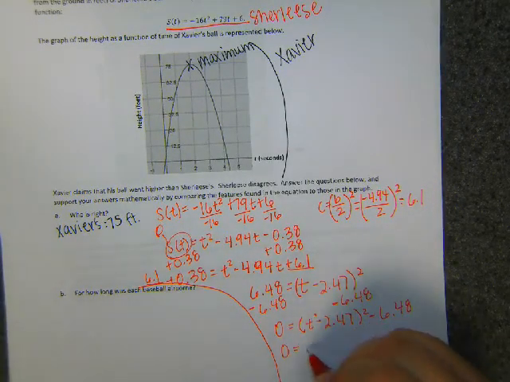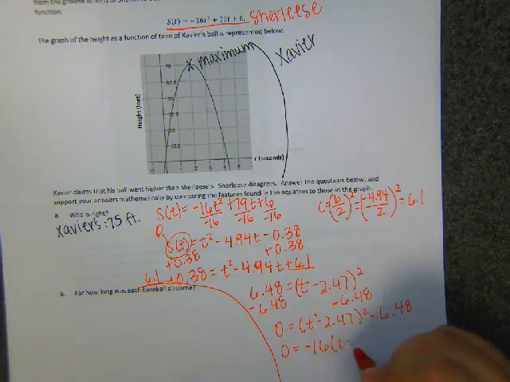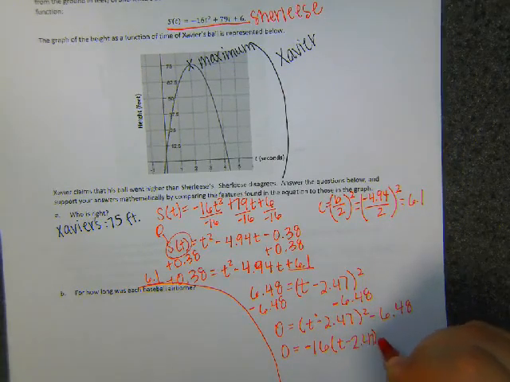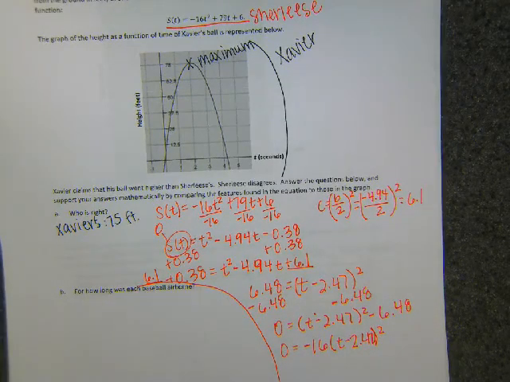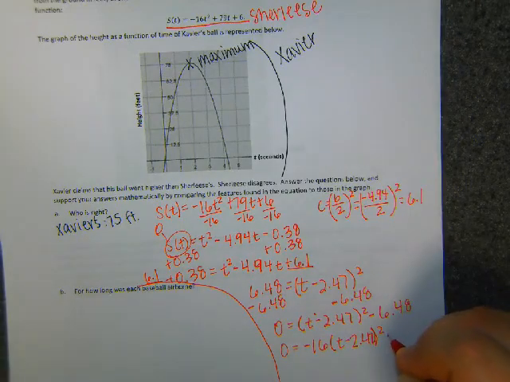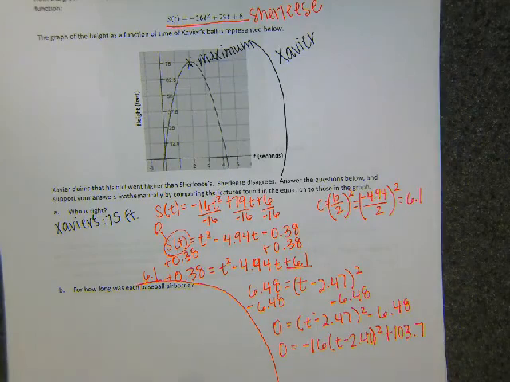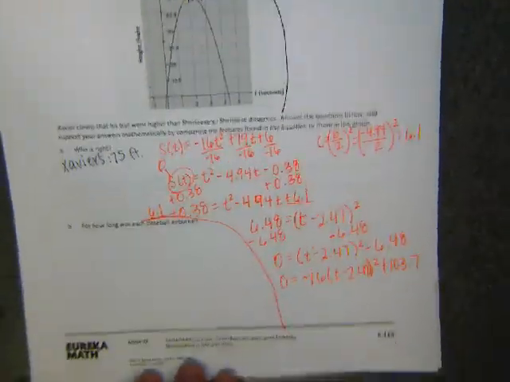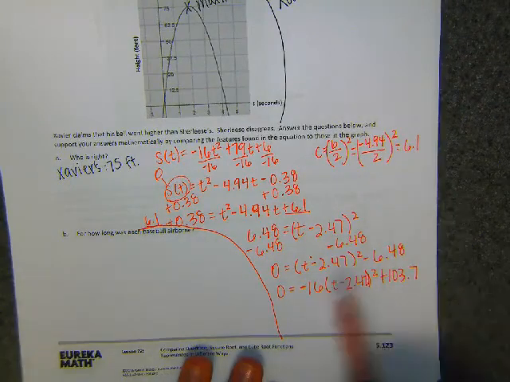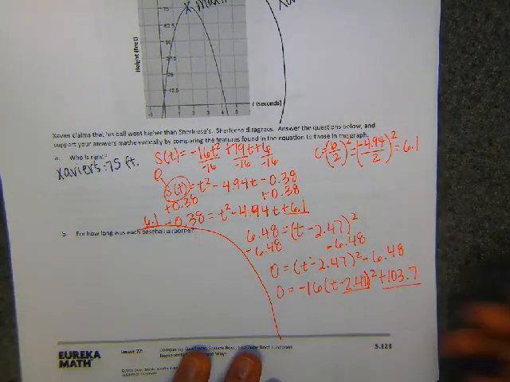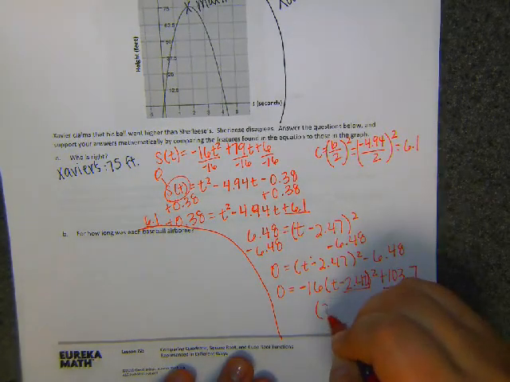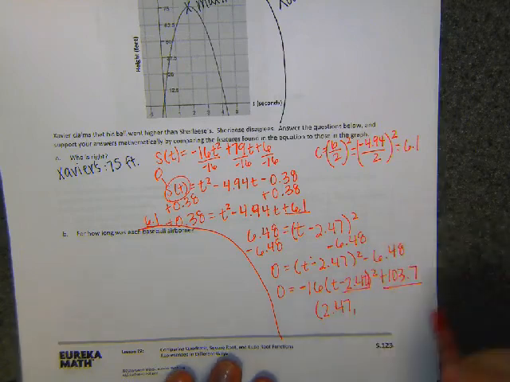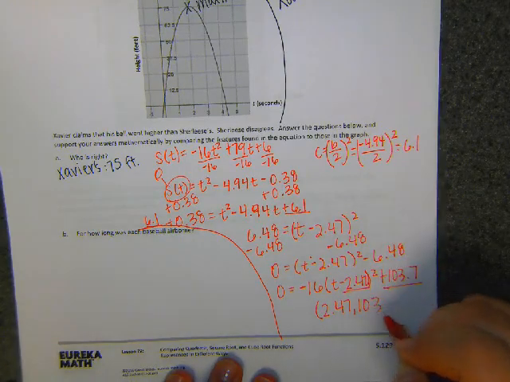So we get 0 equals negative 16 times t minus 2.47 squared, and then negative 6.48 times negative 16 comes out to a positive 103.7. Okay, so now that we have this in vertex form, we can find her vertex. Remember, vertex is our h and our k. When we take the h out, we have to flip our sign, so this is a positive 2.47, and then our k, which is 103.7.